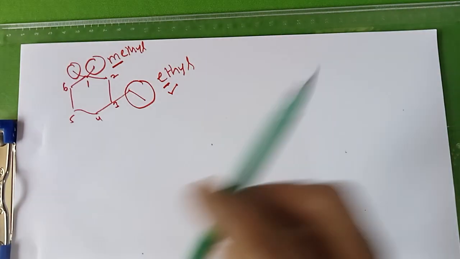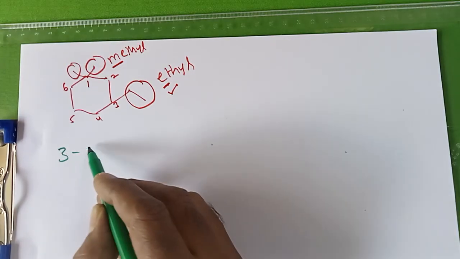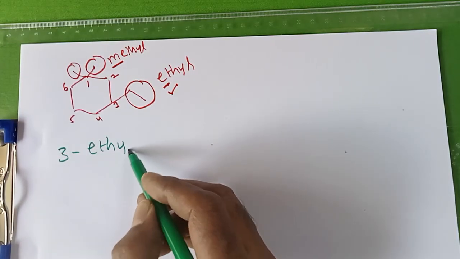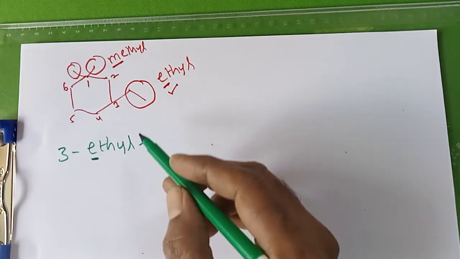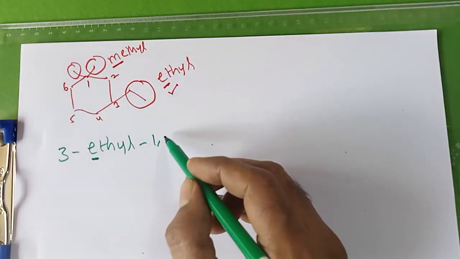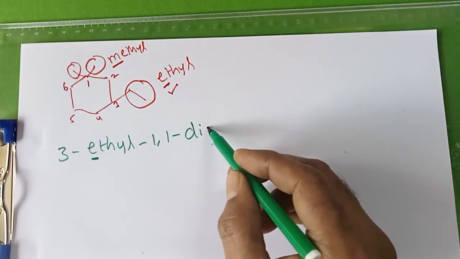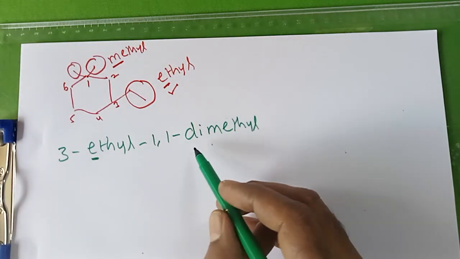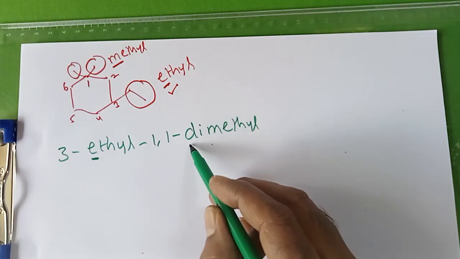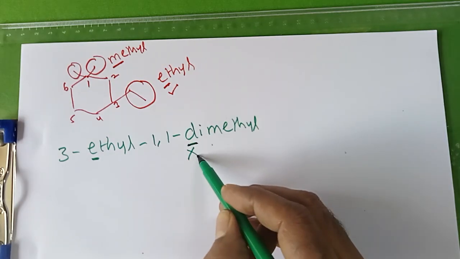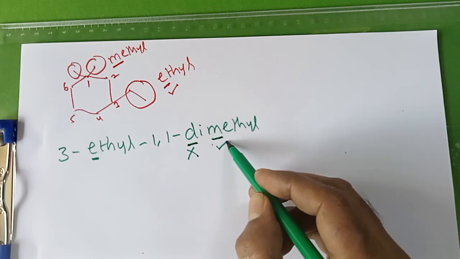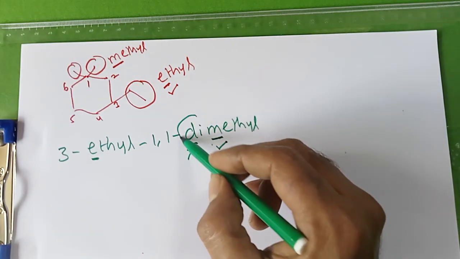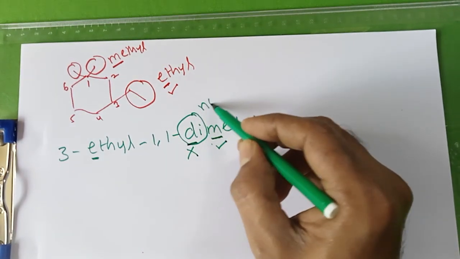So what is this IUPAC name? 3-ethyl, E underlined. Next 1,1-dimethyl. So students, once again, here don't consider di as D. Di is a number. Don't consider this; consider M for alphabetical order. What is the reason? Di is a number.